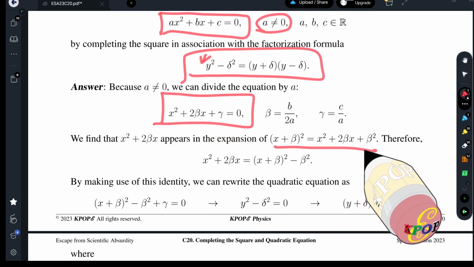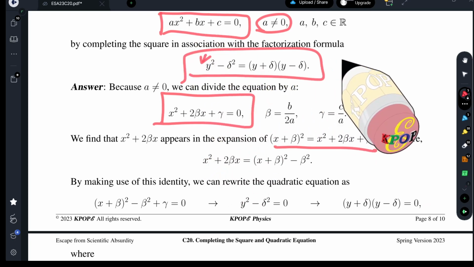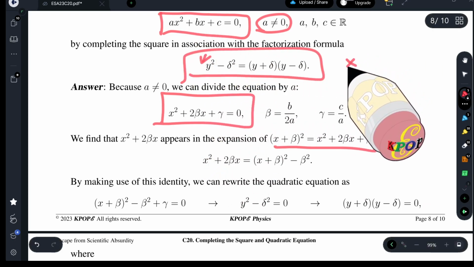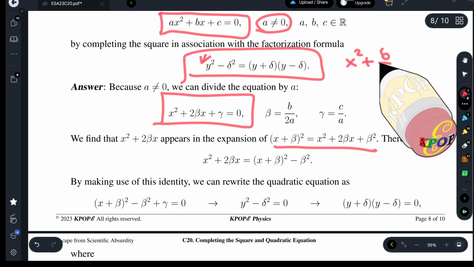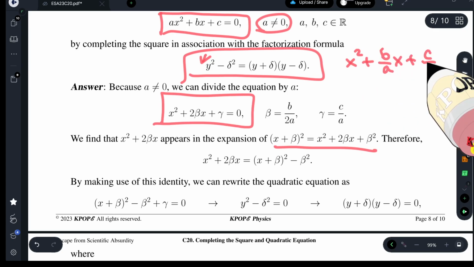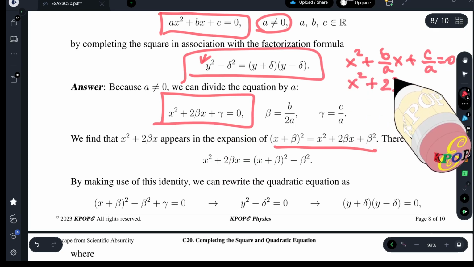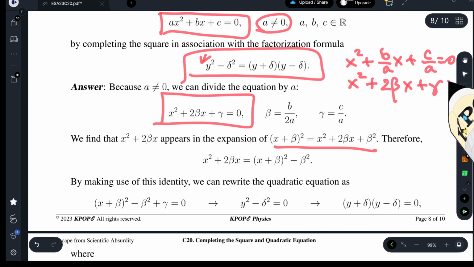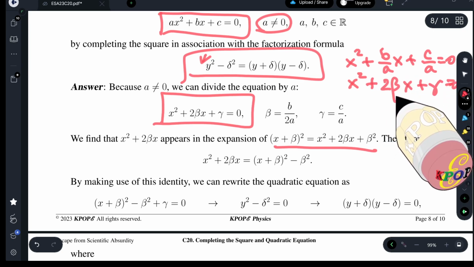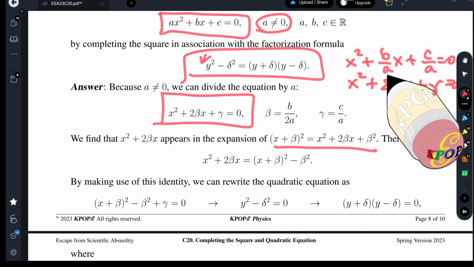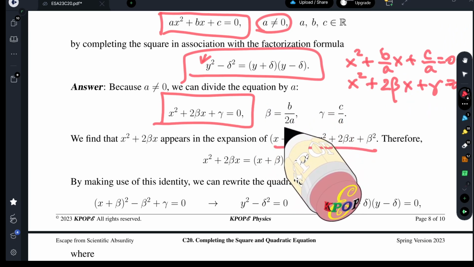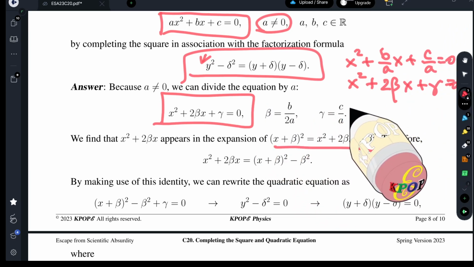We would like to reproduce this form. That means 2 beta equals b over a, so beta equals b over 2a, and gamma equals c over a.